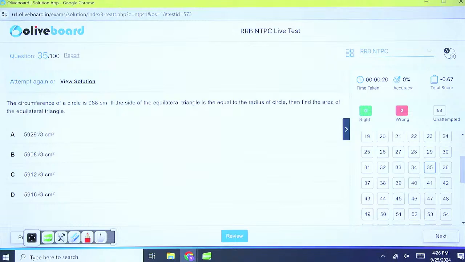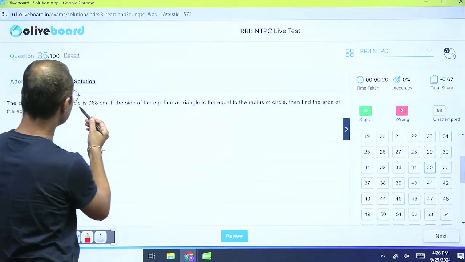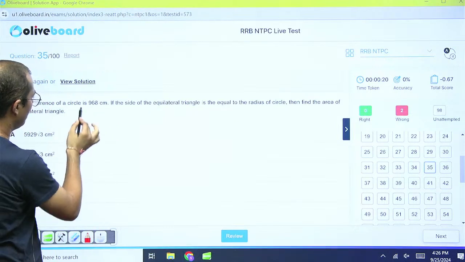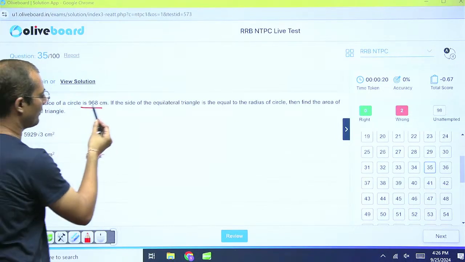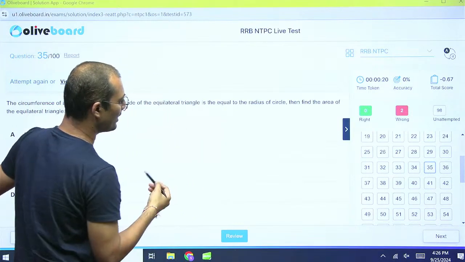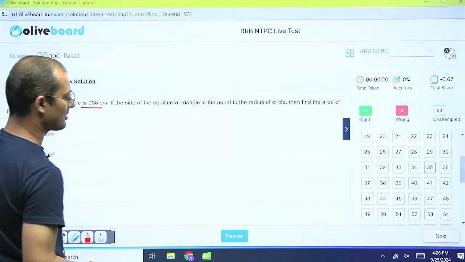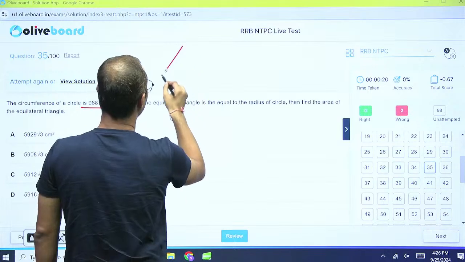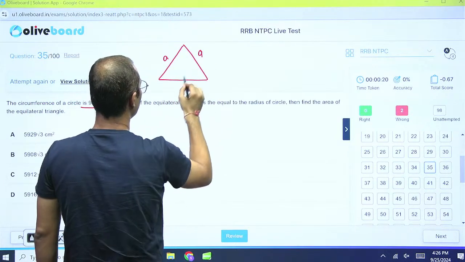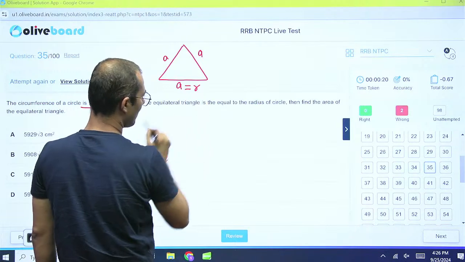See, the question is saying the circumference of a circle is 968. If the side of the equilateral triangle is equal to the radius of the circle, then find the area of the equilateral triangle. In an equilateral triangle all sides are equal. Let's say this is A, and this is equal to the radius of the circle, right?